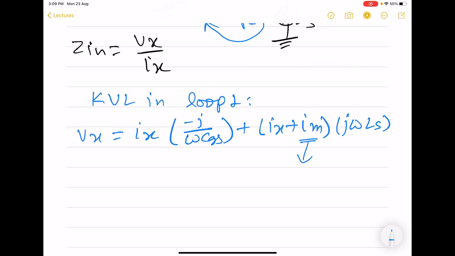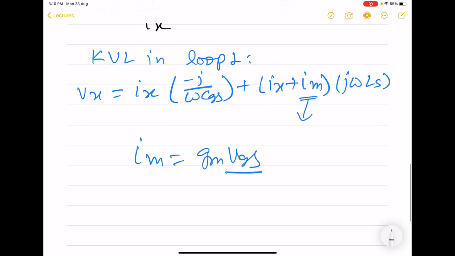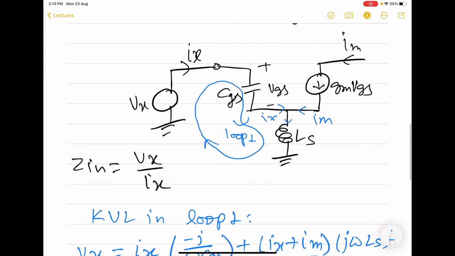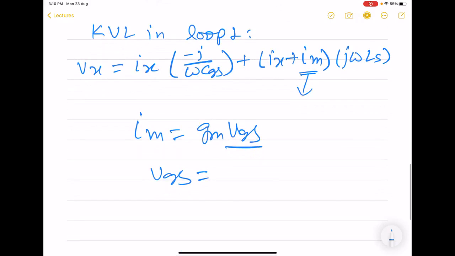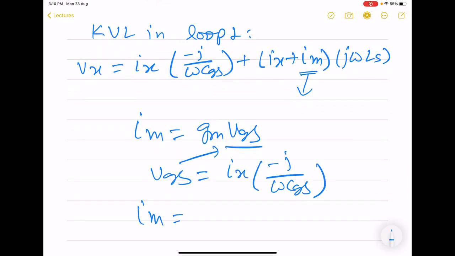For that, we are going to write the equation, which is gm VGS. Now we need to find out this VGS, and VGS, as you can see, is voltage getting generated by Ix flowing through the capacitor CGS. So this VGS is Ix into minus j by omega CGS. So we make this substitution here.